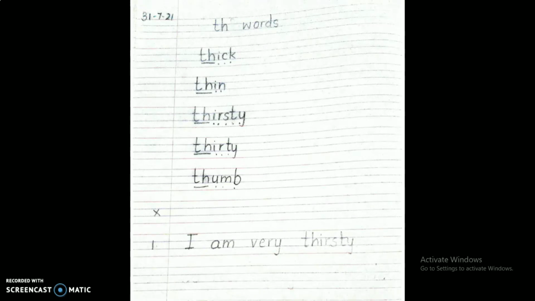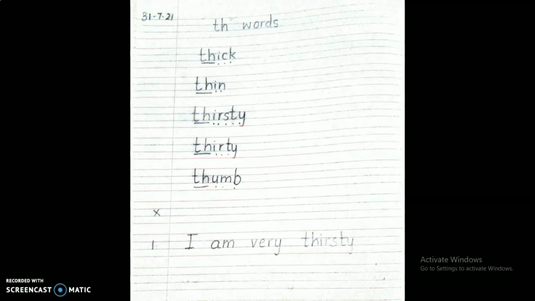Now we'll learn digraph th words. It's not blending but it's a digraph. A digraph is when two consonants come together to give a different sound, and we cannot identify which two letters are used for the sound.